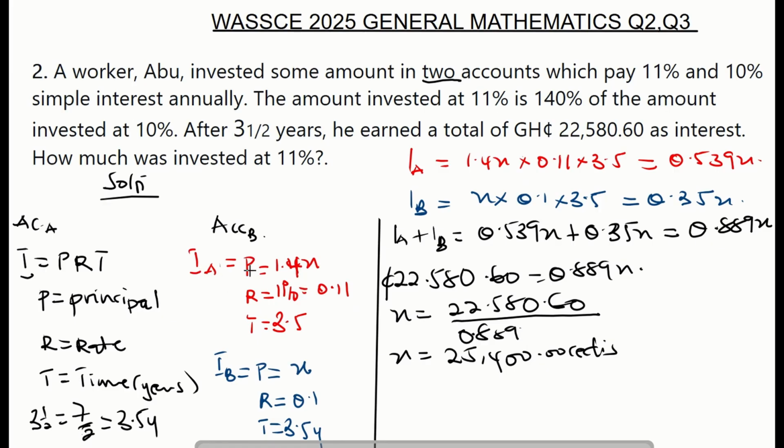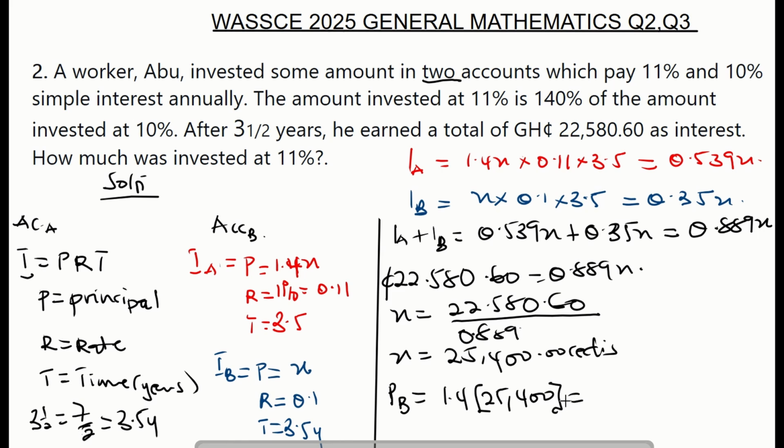So my account A, which is at 11%, has a principal equal to 1.4 times my x, where my x is now 25,400 cedis.